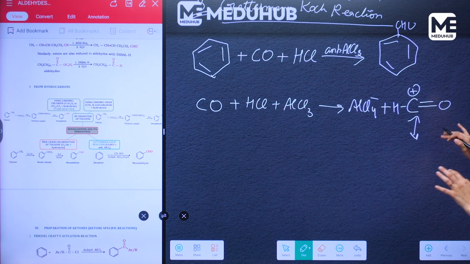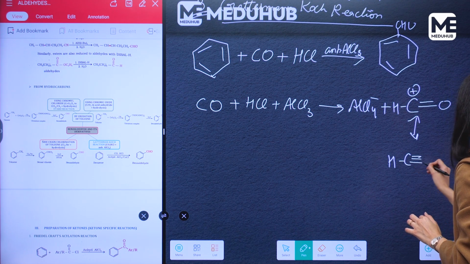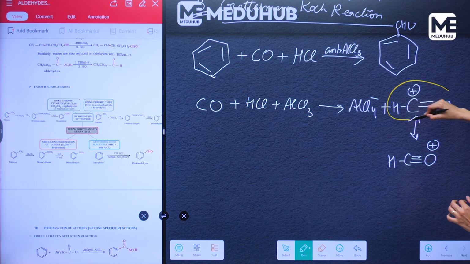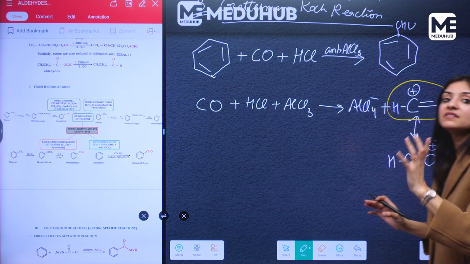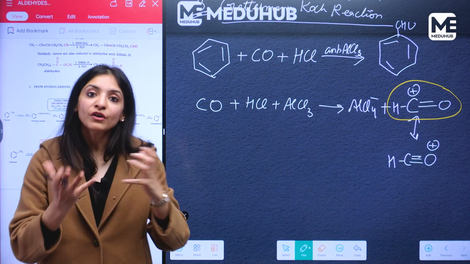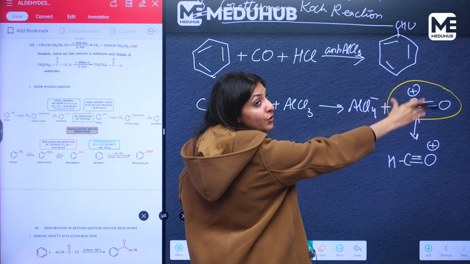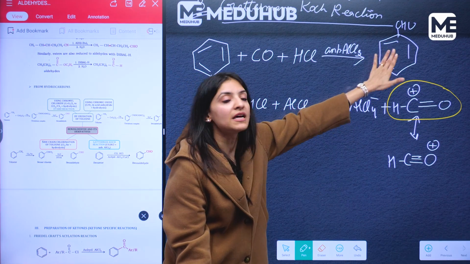We can draw a resonance structure also where we get positive charge on oxygen. Now if you look at these two, the positive charge on carbon is a more stable resonance structure because the positive charge is on the more electropositive element. So this HCO moiety acts as an electrophile, and this reaction is sort of an electrophilic addition reaction to benzene. So HCO from here gets added on to benzene to give us the product, benzaldehyde.